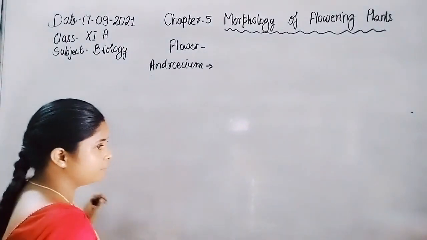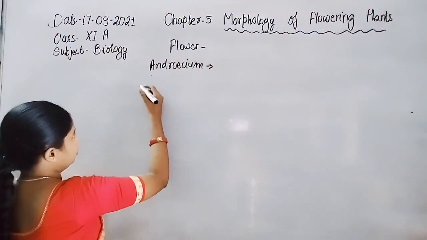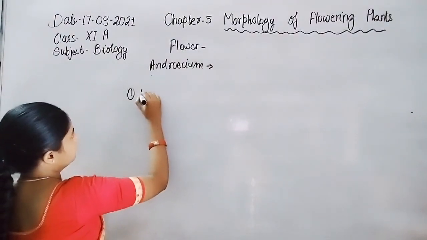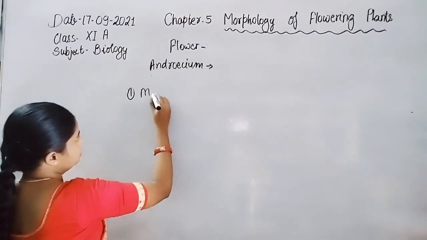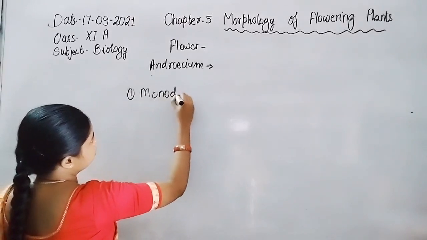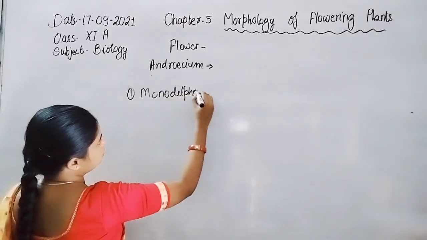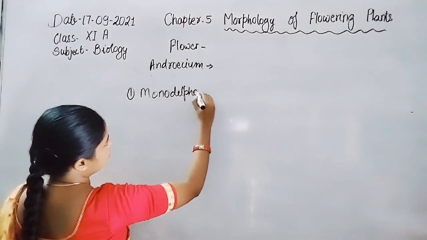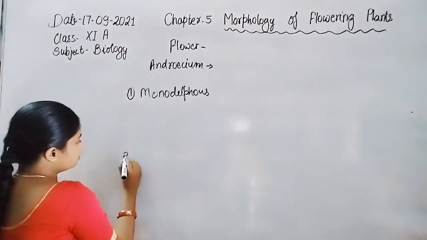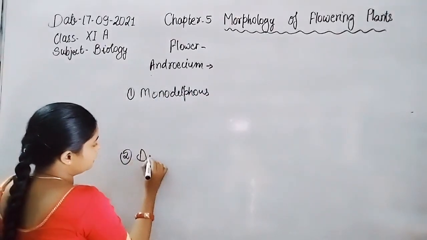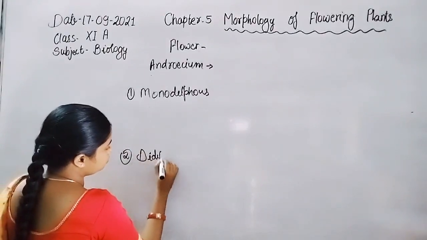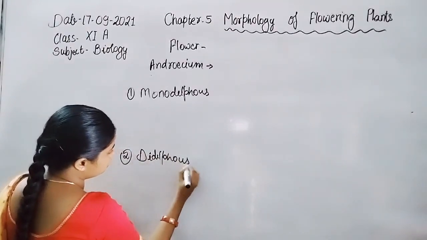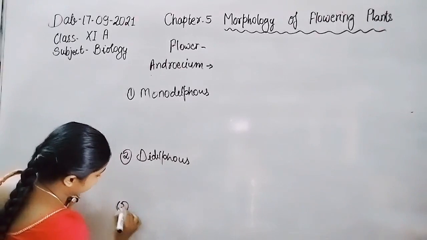There are three kinds of Androecium present: monodelphous, didelphous and polydelphous.